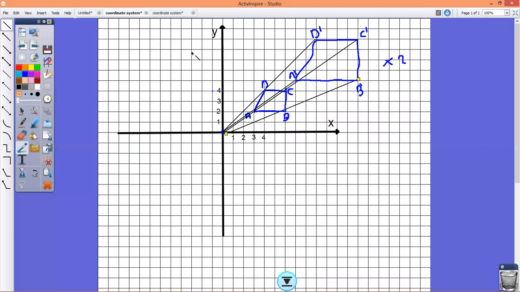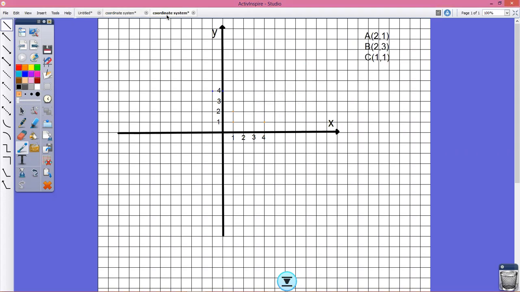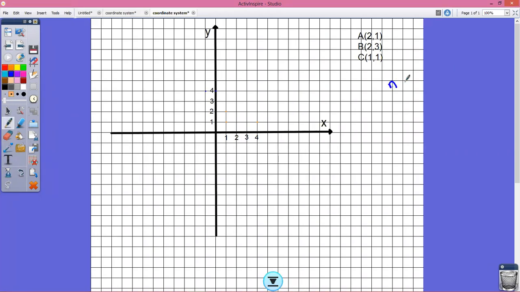Now, let's solve an example about this one, how it's going to work with the numbers. Our example is this one. Find the image A bar, B bar, C bar of this triangle with the points A (2, 1), B (2, 3), C (1, 1), and of scale factor 2 with the center of enlargement.